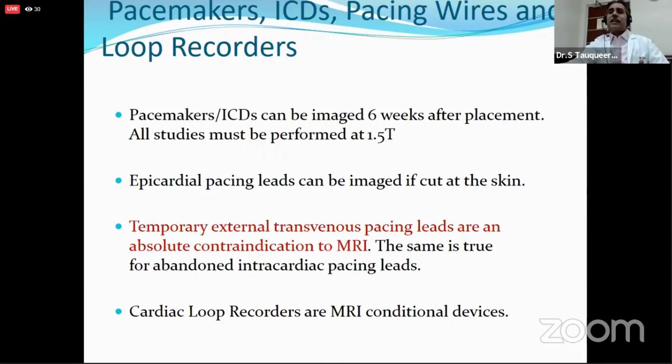Many of these devices cannot work or may malfunction at 3 Tesla. So these devices are called MR conditional devices. Nothing is MR compatible. All these are MR conditional devices. So patients with pacemakers can be scanned after 6 weeks of placement at 1.5 Tesla MRI, and we'll see later some other precautions which need to be taken.